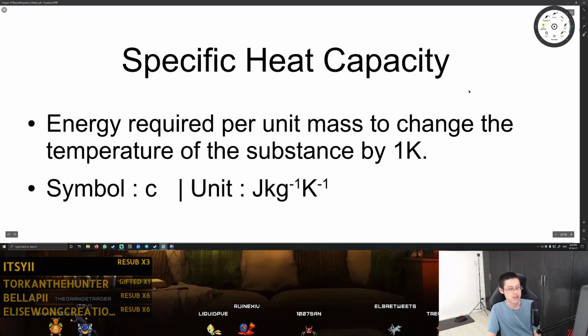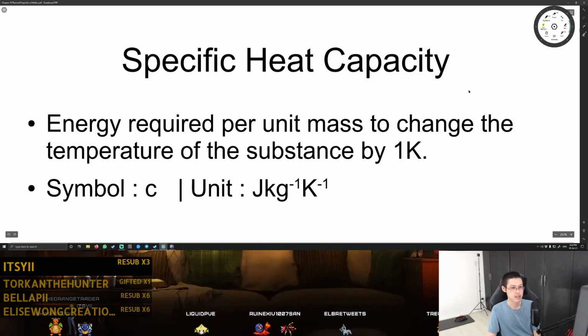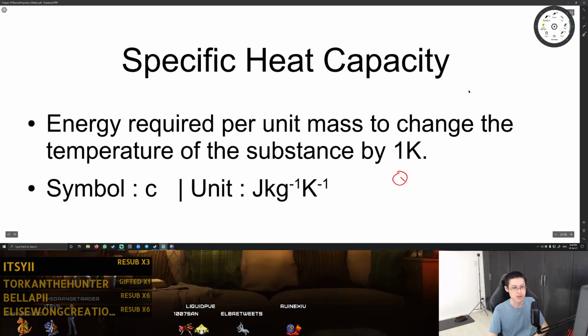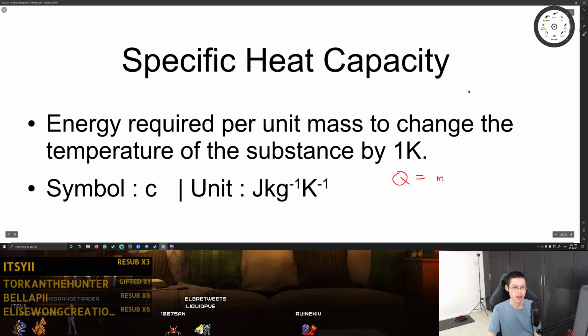And the equation associated with this is Q equals mcΔT. Technically there are two deltas here.